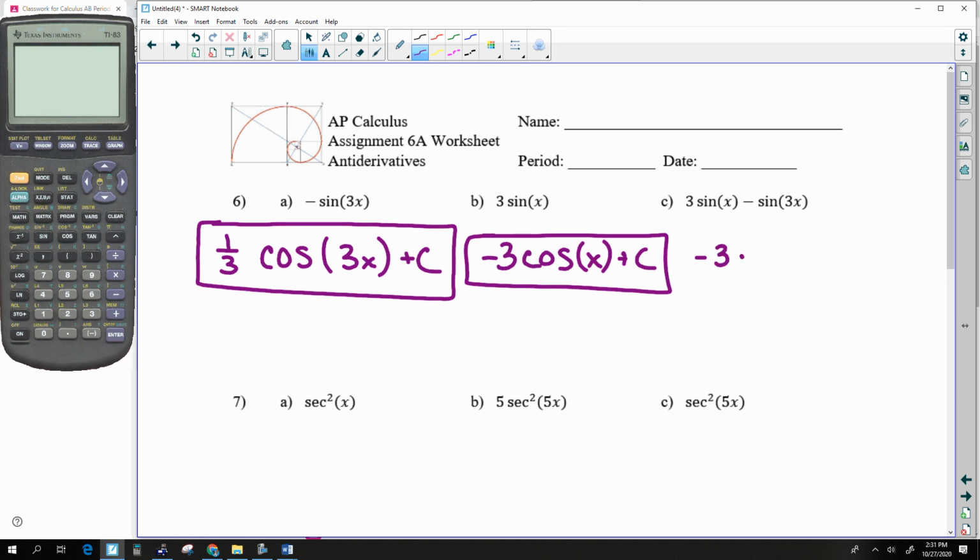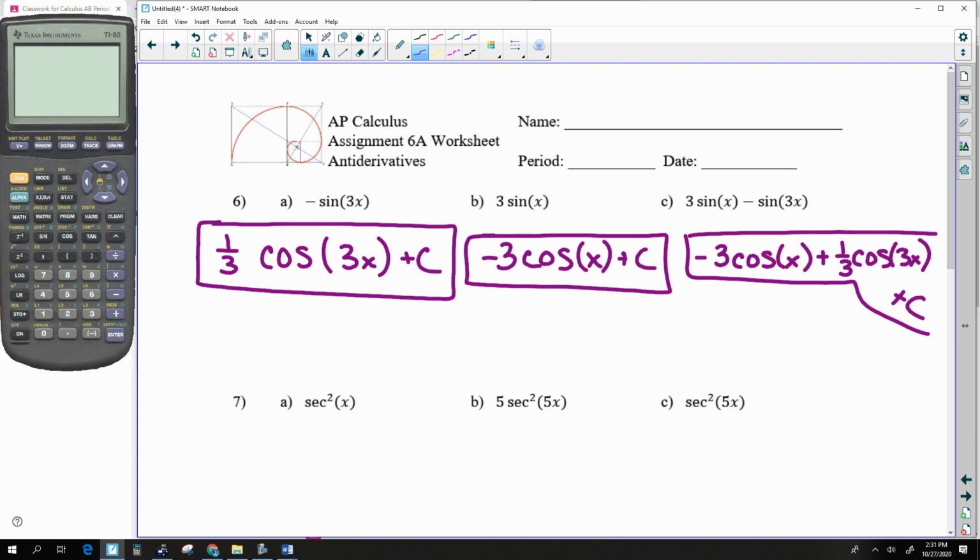Okay, so negative 3 cosine. And then this goes to a positive cosine, and then I counteract the 3, plus c. Again, sometimes it's like writing with a crayon when I'm using this marker, so I kind of run out of room.